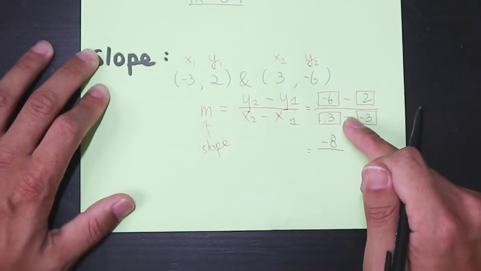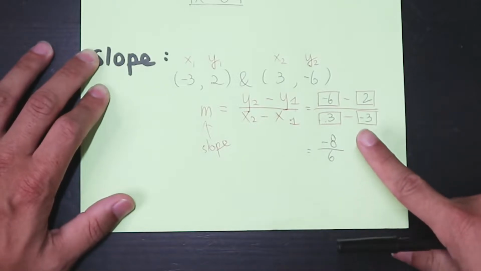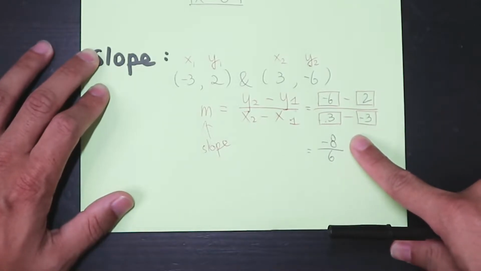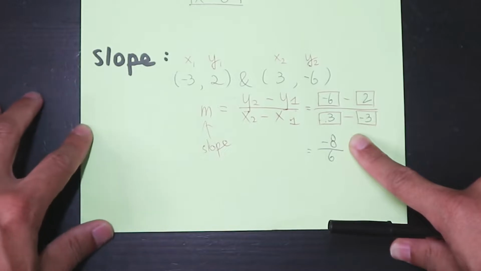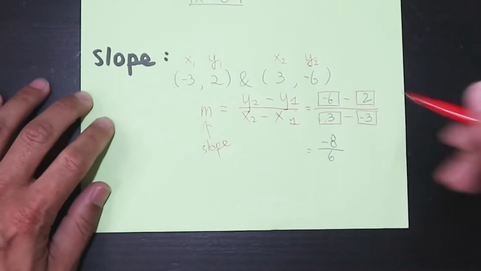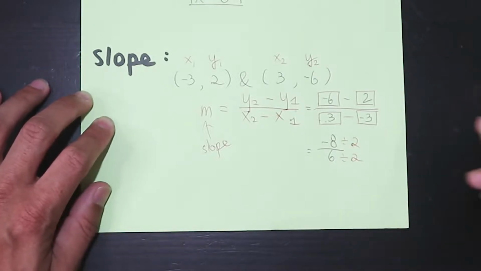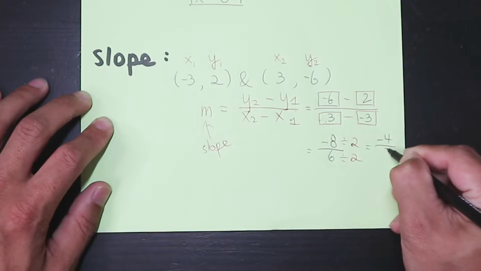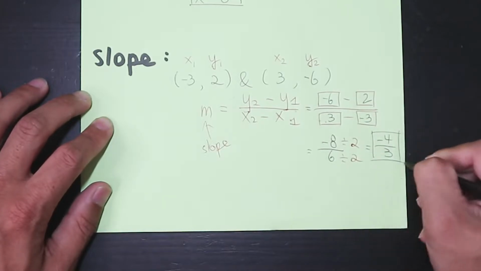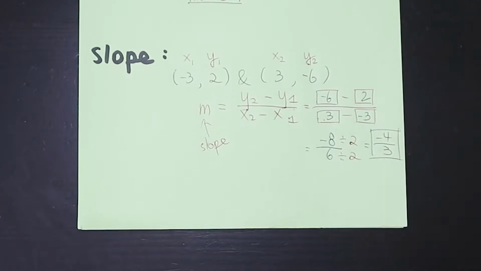So 3 minus negative 3 gives you positive 6. You also have to check whether you need to simplify the fraction. Since both numbers are divisible by 2, you reduce it by dividing top and bottom by 2, and you get negative 4 over 3. So the slope between these 2 points, without graphing it, equals negative 4 over 3.